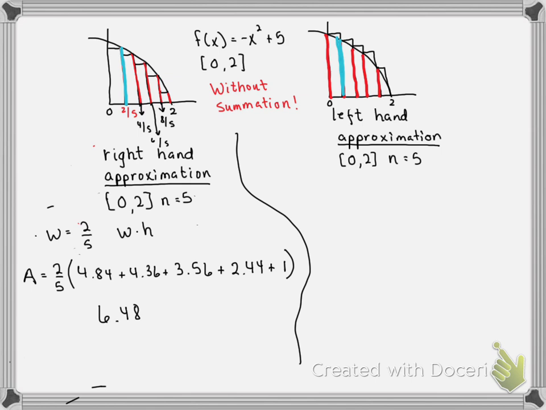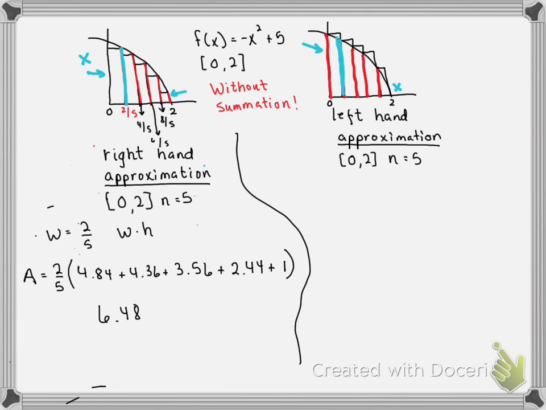In the left-hand approximation, we're going to be using that first left side that we did not use over here. Likewise, we used the right side of that last rectangle, and we are not using it over here. And that makes our work a whole lot easier.